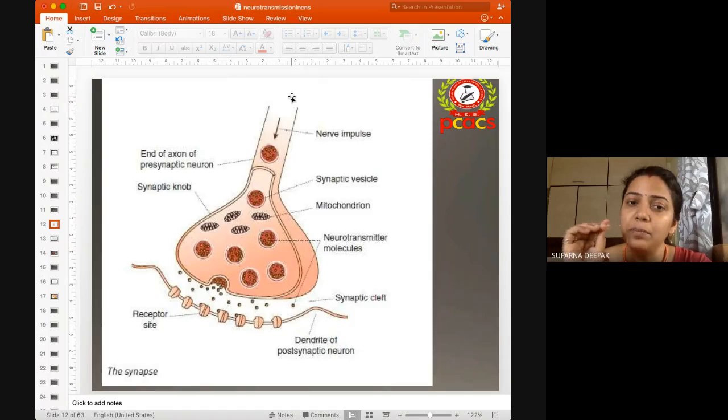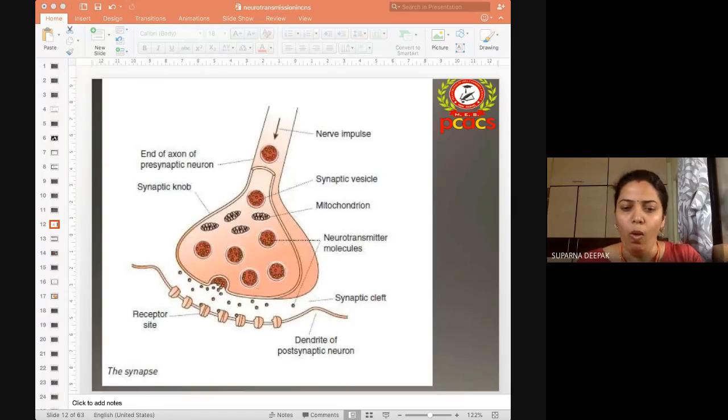The nerve impulse needs to be passed on from one neuron to the other neuron. So now what is happening is it reaches this end of the axon. Now, what is there in this end of the axon? As we have said, these round things that you are able to see here are your vesicles.